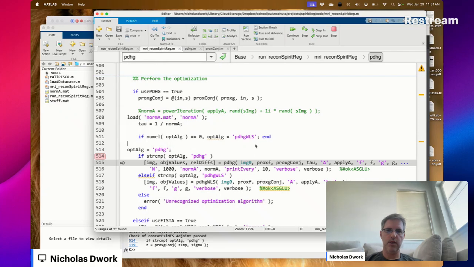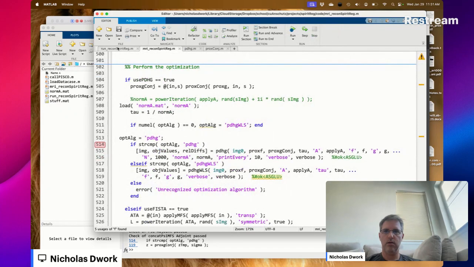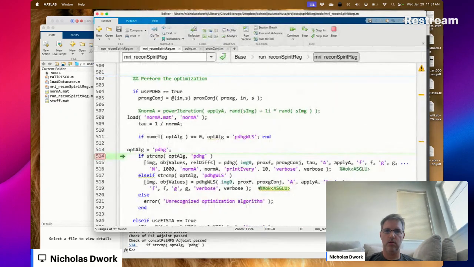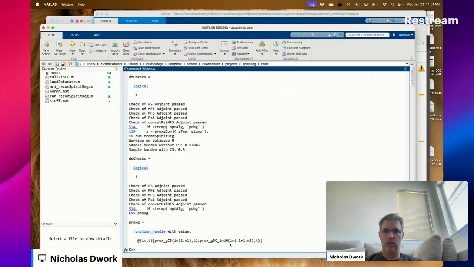What is prox G? Prox GCS, prox GDC indicator.